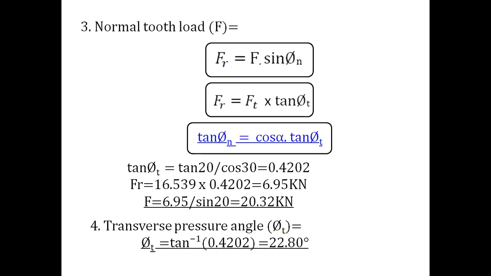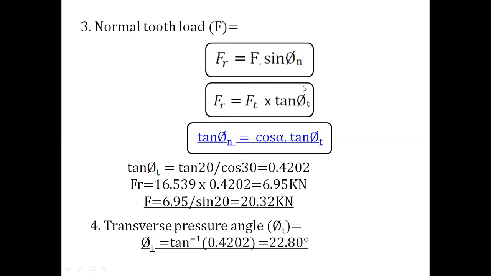So we have the formula Fr is equal to F into sin phi n. But we have to find out F here, and Fr is also unknown. Two unknowns are there, so we can't use this formula. For finding the value of Fr, we have the formula Fr is equal to tangential force into tan phi t.